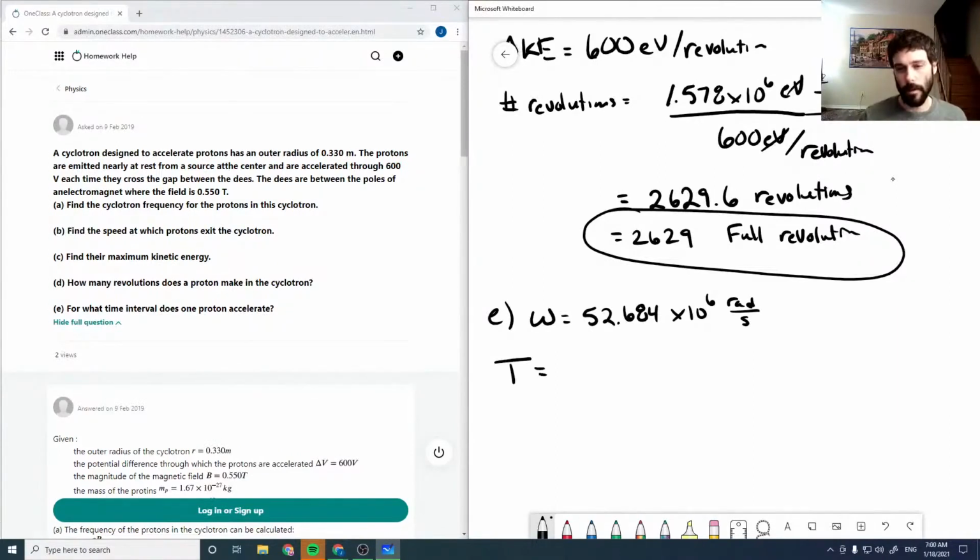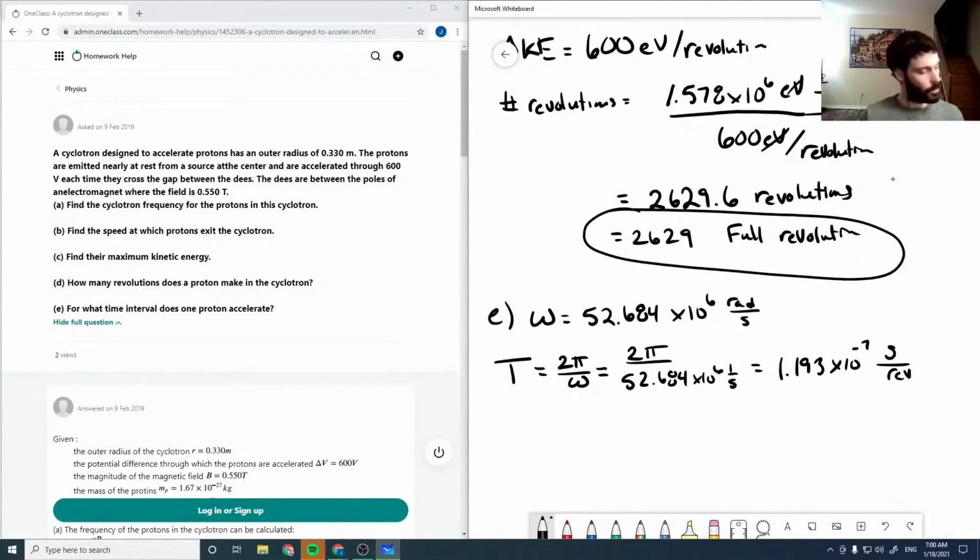Our period is 2 pi over omega, which is 2 pi over 52.684 times 10 to the 6 per second, which is 1.193 times 10 to the minus 7 seconds per revolution. Again, revolution is not a real unit, but just to keep track of things.